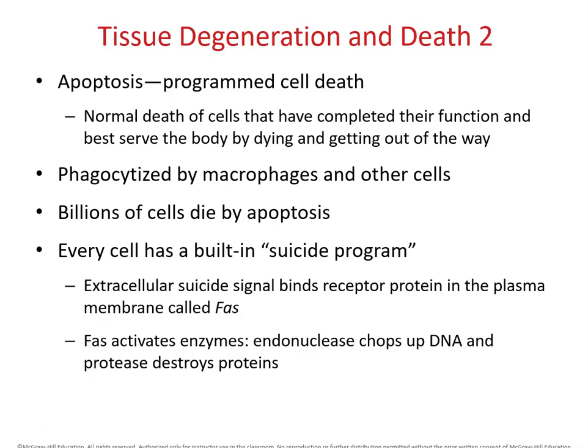Once a cell undergoes apoptosis, it is phagocytized by macrophages or other cells that do phagocytosis, and the cell is engulfed and then broken down into its individual components that may be recycled or may be eliminated as waste. Billions of cells die from apoptosis. This is normal. This is part of your body keeping itself healthy.